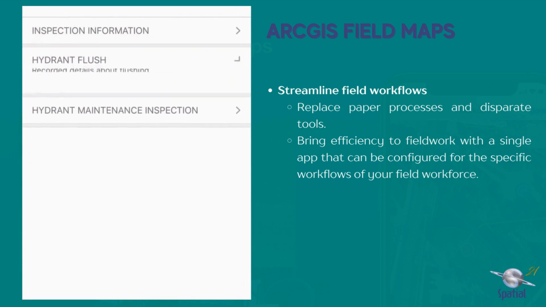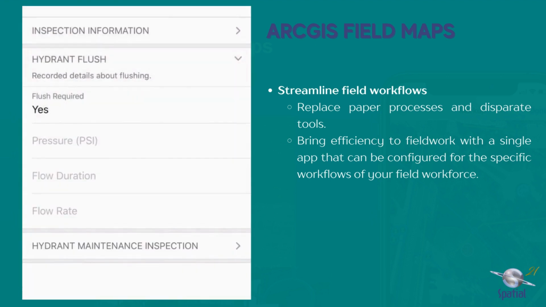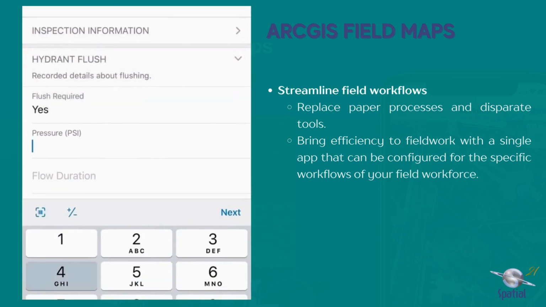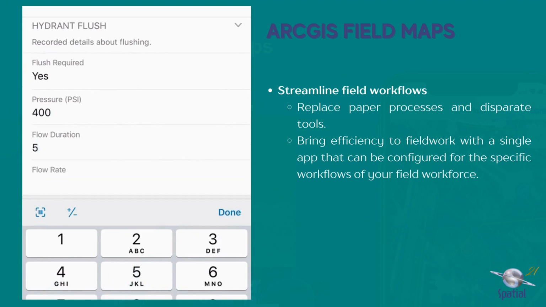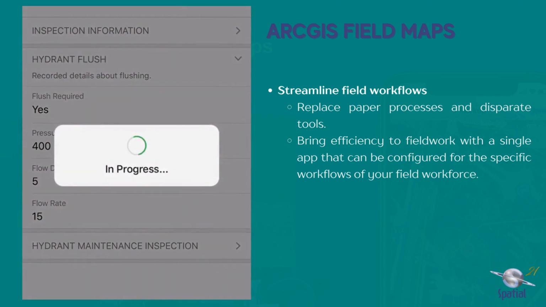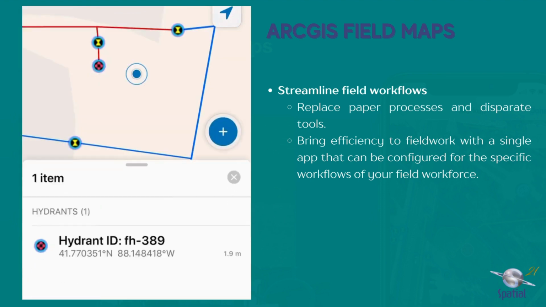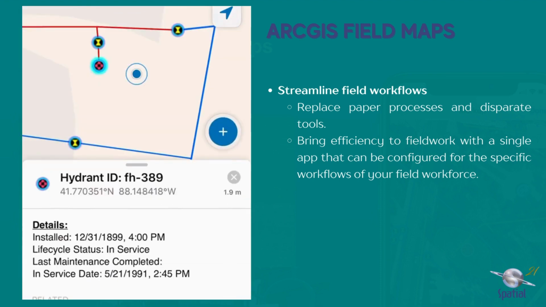Maps can be created in the Field Maps application, using the ArcGIS Online Map Viewer, or even the ArcGIS Pro desktop application. If enabled, GPS metadata fields can be added for high accuracy data collection.